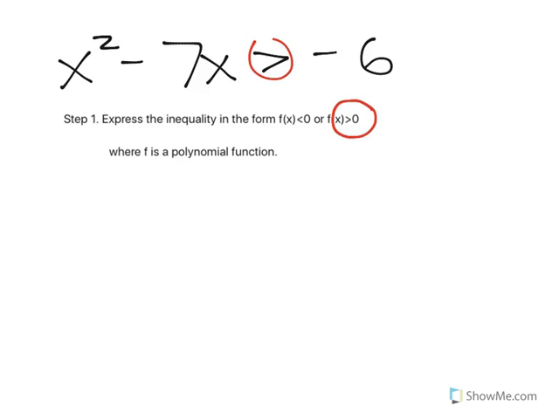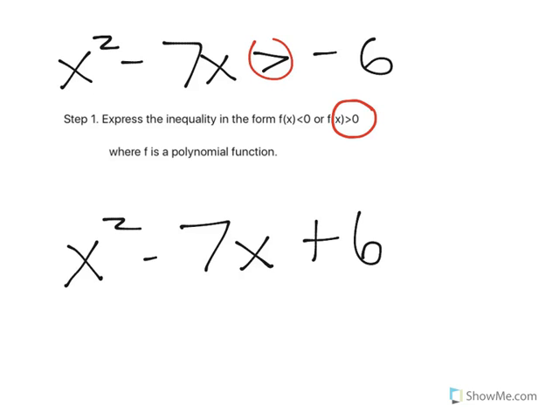But first we have to write it in that form. So it's x squared minus 7x plus 6 is greater than 0. We had to bring the 6 over to the other side, which made the 6 positive, and now we have satisfied the conditions of step number 1.